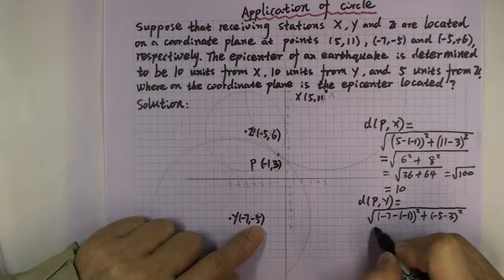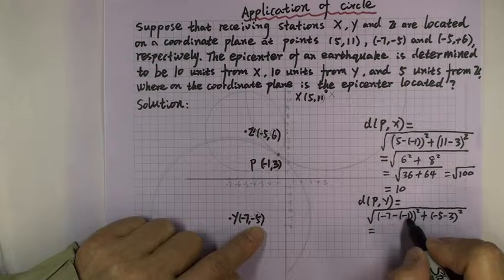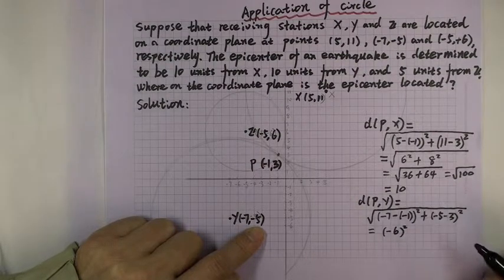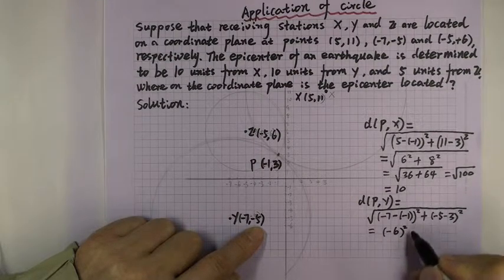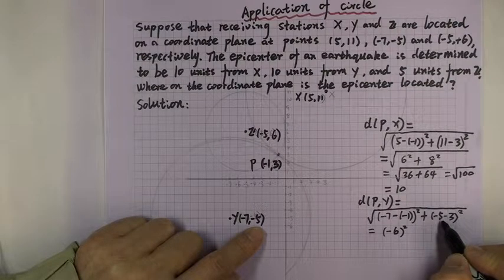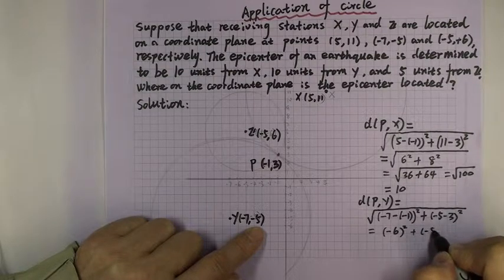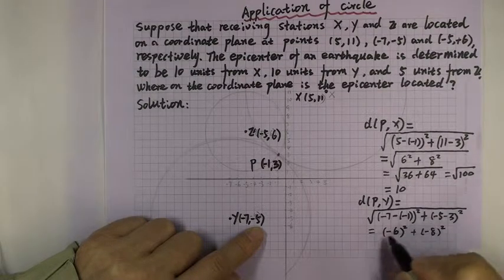Let's see, what do we get? -7 minus -1, that's -6, squared. And -5 minus 3 is -8 squared.